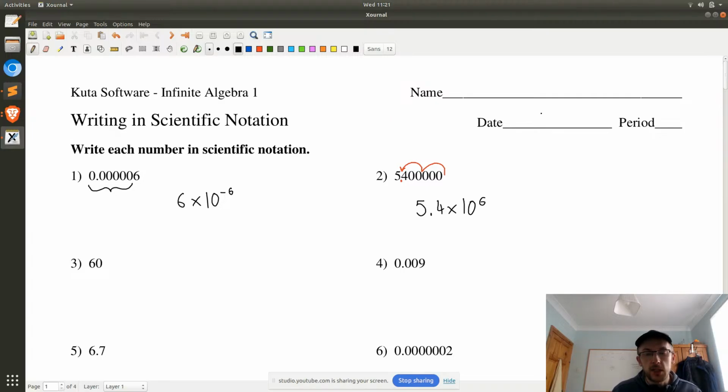But let's make sure that makes sense. 1 million is 10 to the 6 because it's 6 copies of 10 all multiplied together. And this number right here is 5,400,000.